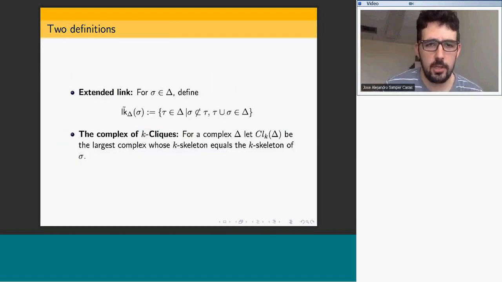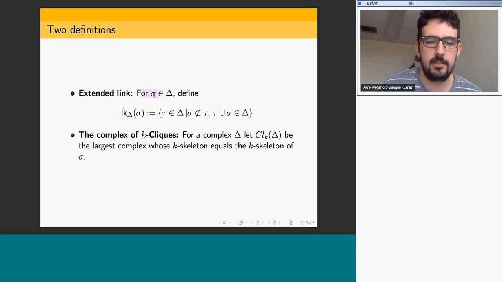So for definitions, let me talk about faces of a complex. I'm going to talk about the extended link, and the extended link is like the usual link, except it's just the set of faces tau that I do not want sigma to be a subset of delta.